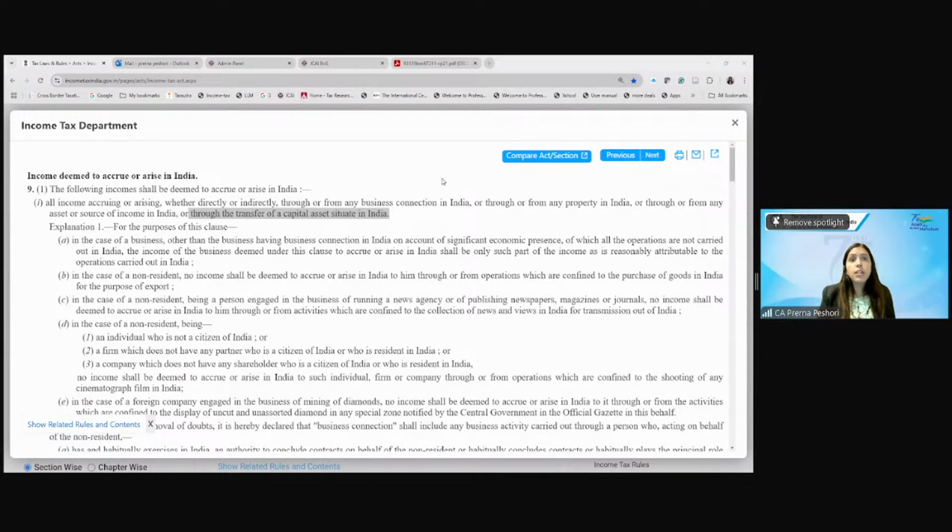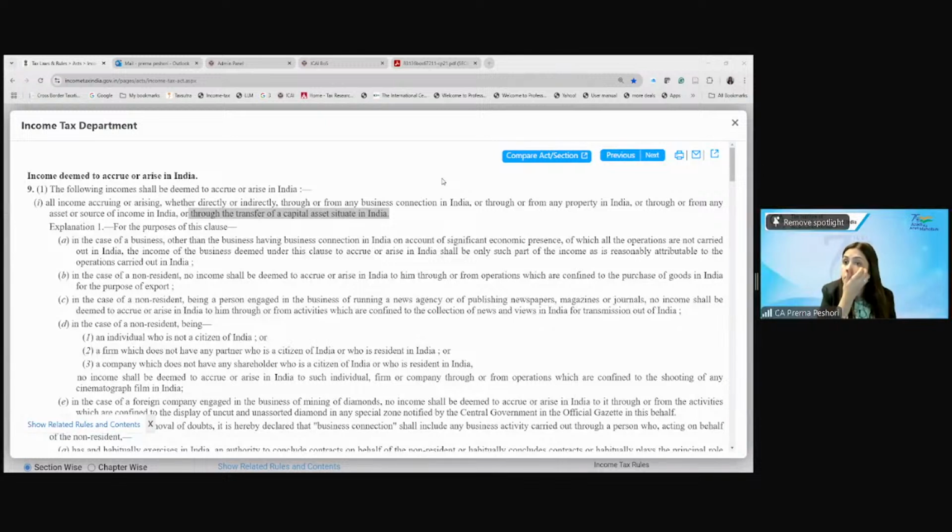So the revenue then started innovating new arguments. They said, even if the capital asset situated in India is not the shares, the capital asset is property of any kind. Capital asset under 214 means what? Property of any kind. Property means what? The bundle of rights. So they have transferred the management interest, the controlling interest in India, which is a separate right.